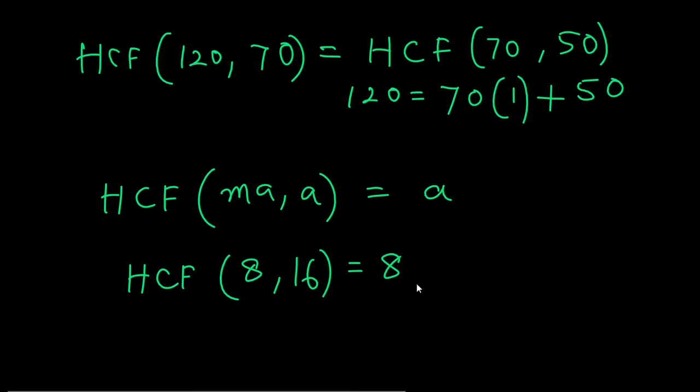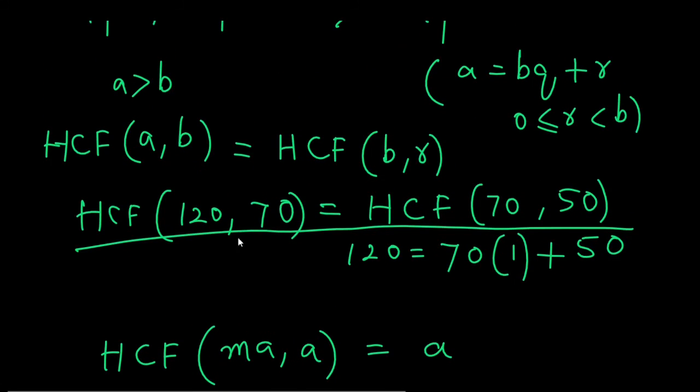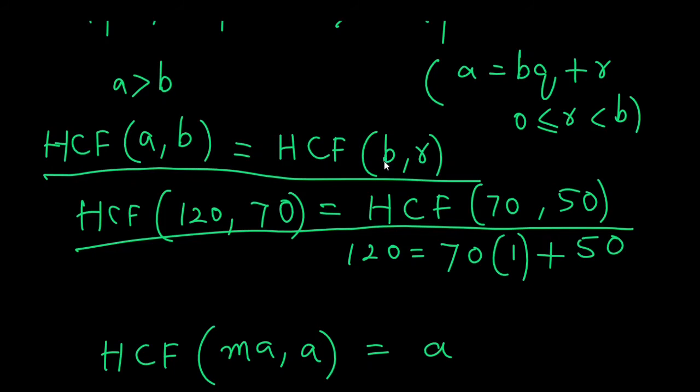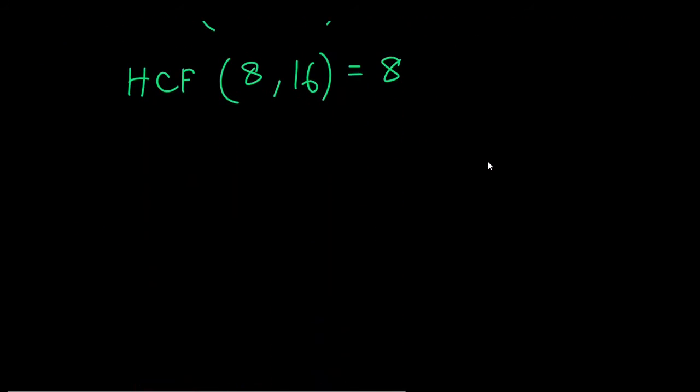So using these HCF rules we have got here, the HCF of A and B is equal to the HCF of B and R. Using this we can find the HCF of any two numbers. This flow of steps is called the Euclid algorithm.